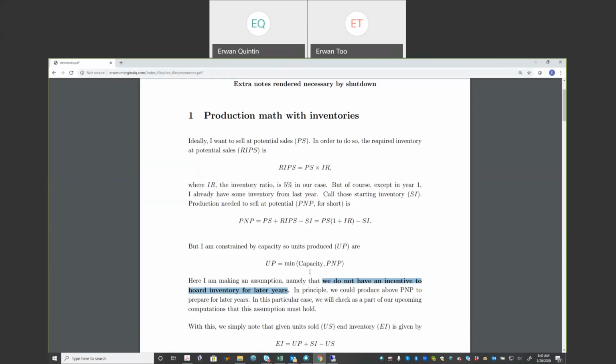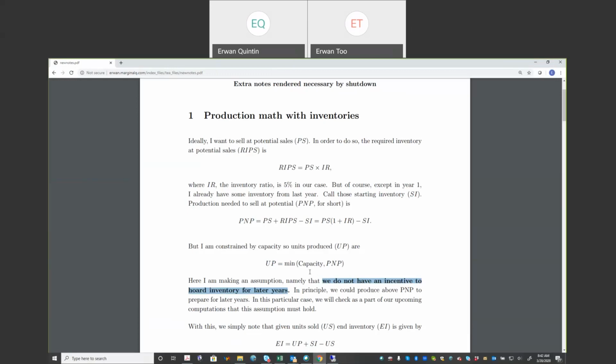The other reason I may want to produce above the production needed for potential is maybe this year, for whatever reason, my costs are low. A typical case of that is assume that I have idle workers. I have workers which I'm already paying, but somehow I'm not finding enough production to keep them busy. Given that the marginal cost of putting those workers to work rather than leaving them not producing is zero, that's going to give me an incentive to accumulate final goods, which I may want to take advantage of.